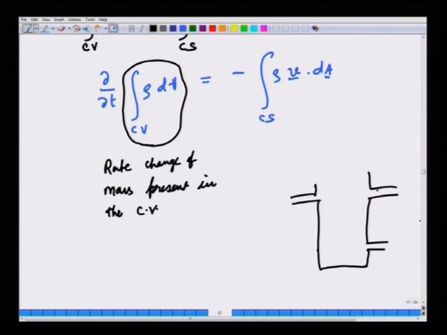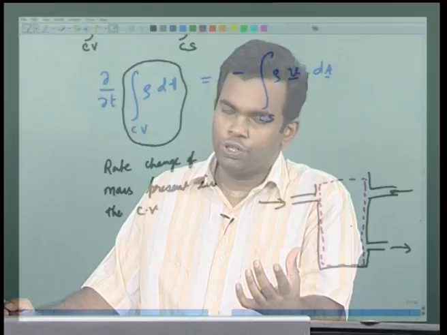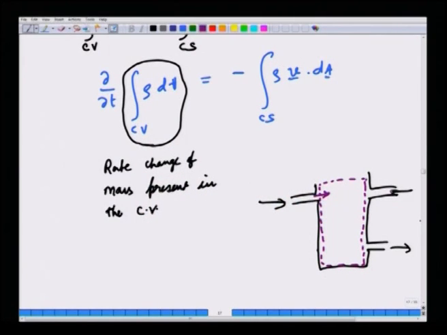So, if you take this as your CV, why should the mass present in the CV change with time? It should change because there is a net imbalance between the inflow and outflow.